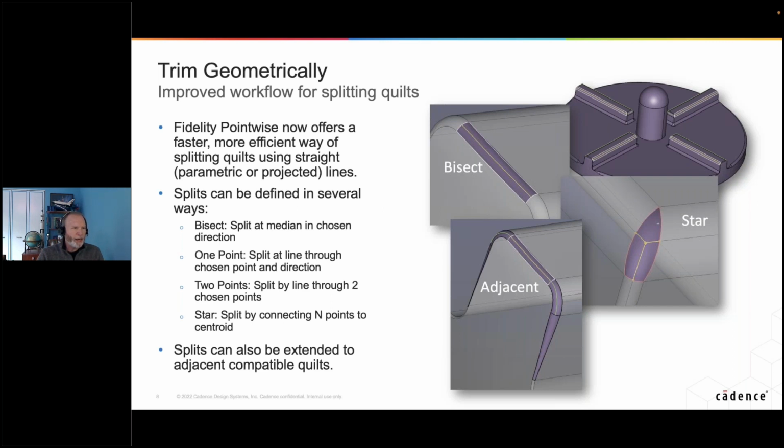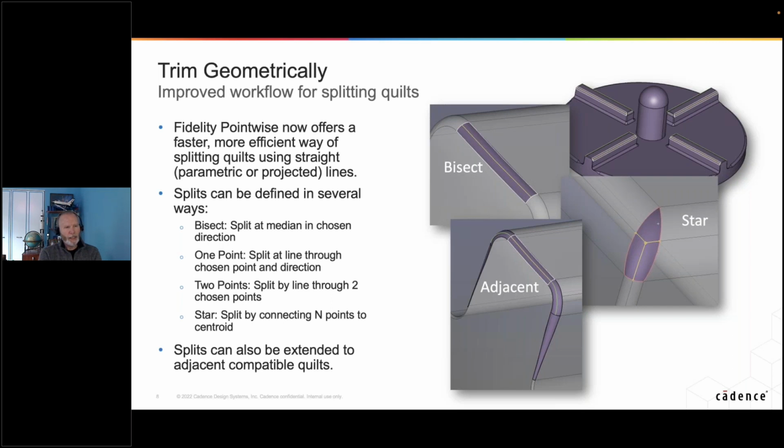And then in the images on the right, I've got some fillets shown, filleted surfaces. Often you want your topology to be split along those fillets. And while we had the tools in Pointwise previously to be able to do this, it was a multi-step process, and this new trim geometrically tool accelerates that process very quickly for you by essentially finding, for instance, with the bisect tool, the top left image, those center lines for you parametrically within the surface and allowing you to quickly split those without really having to do much else.